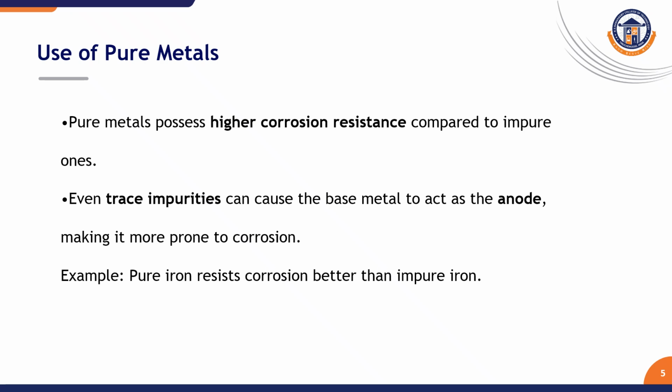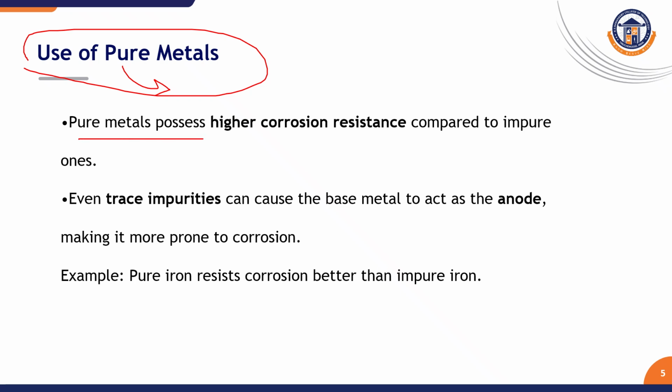Okay, then see the use of pure metal. Why are we using a pure metal? The pure metal possesses high corrosion resistance compared to impure ones. So a pure one will not undergo any corrosion. Even trace impurities, even a minimum amount of impurities, cause the base metal to act as an anode. We know that the anode is where oxidation takes place.